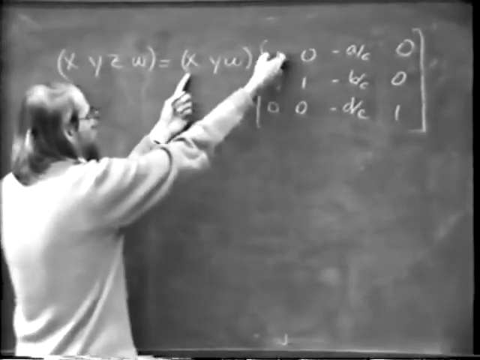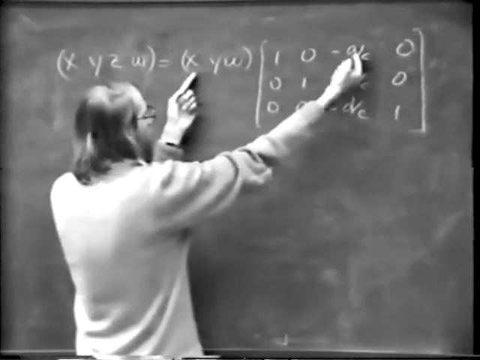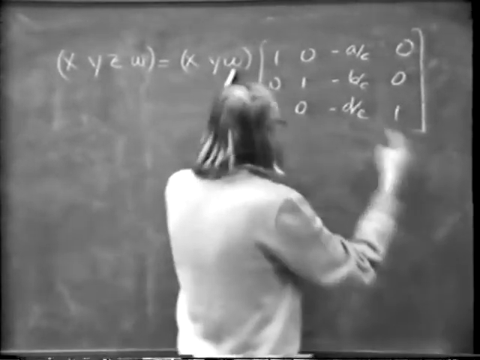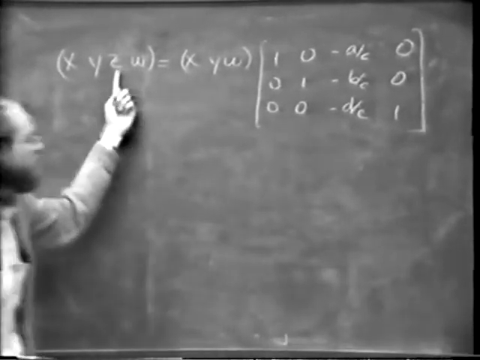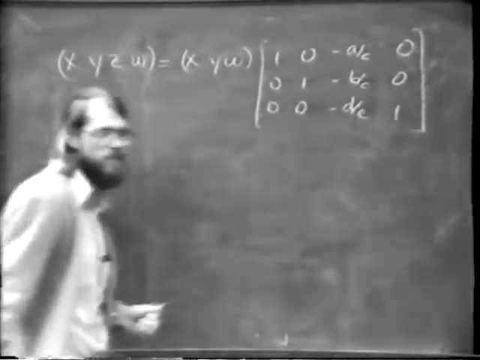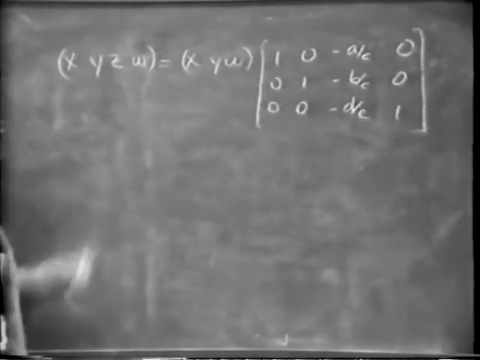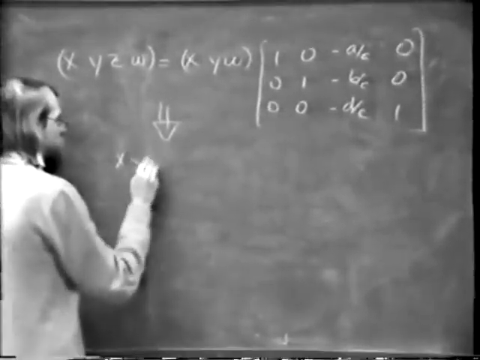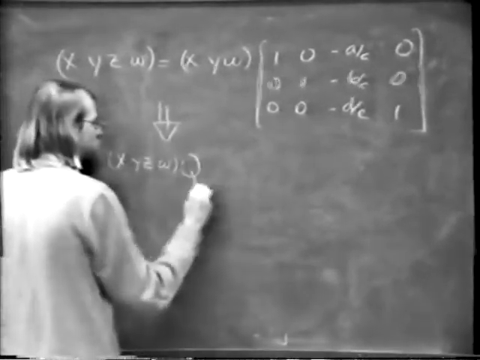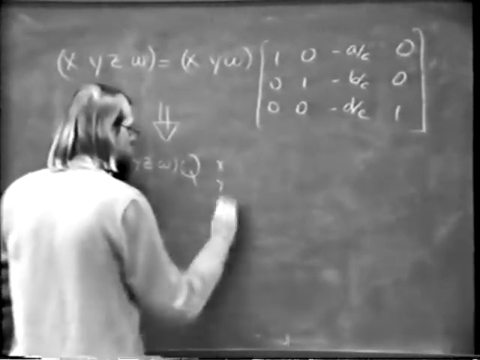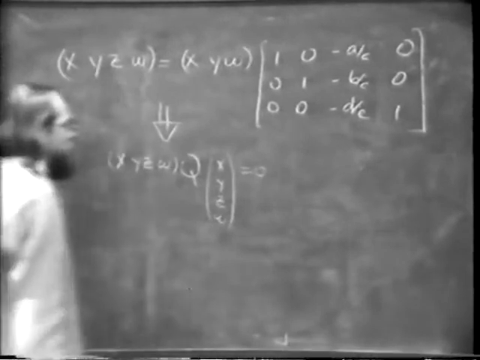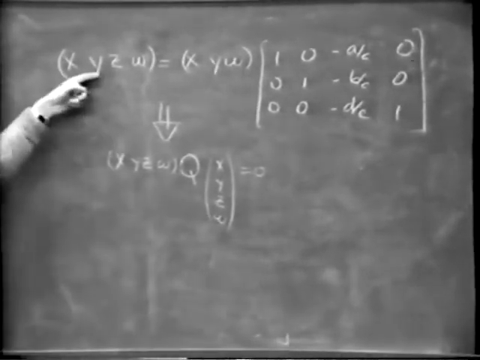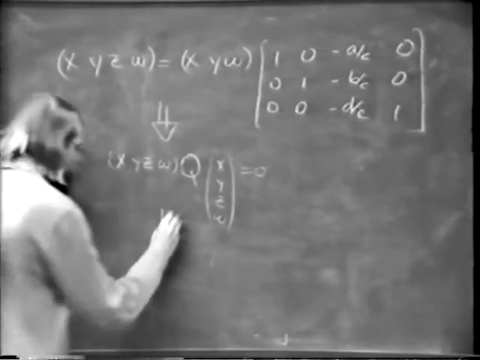If you multiply it, you get x, y, minus a over c x, minus b over c y, minus d over c w, which is z, and then root w. This thing now we can plug into our original expression for the surface, and by tossing these two things in a bag and shaking it a little bit, we come up with the following thing.